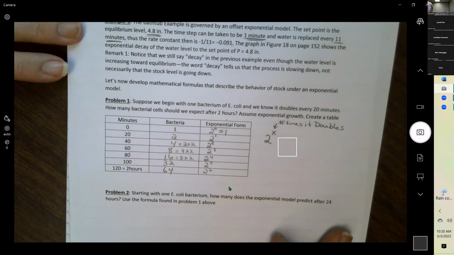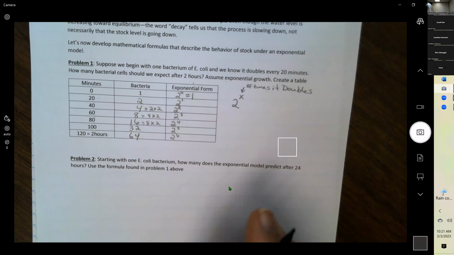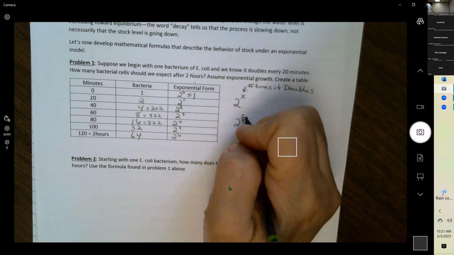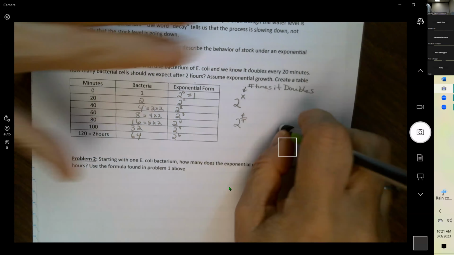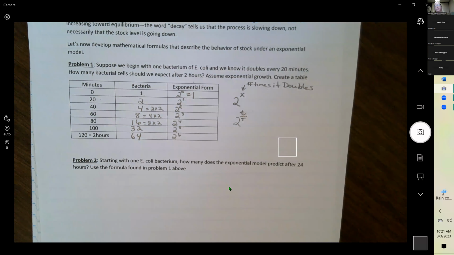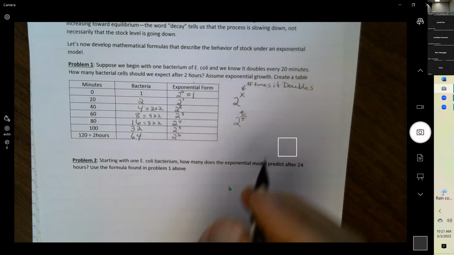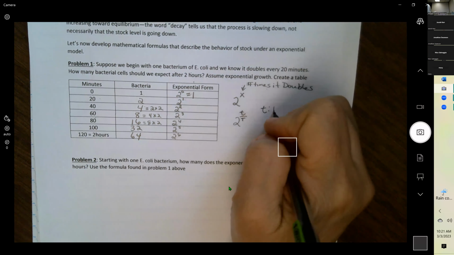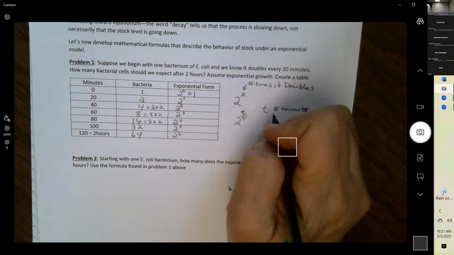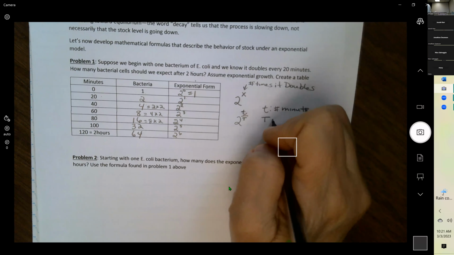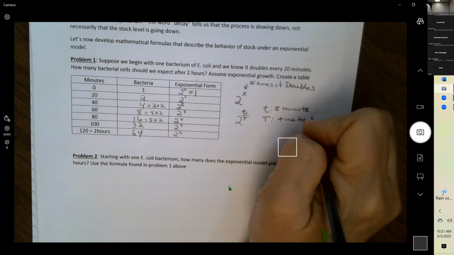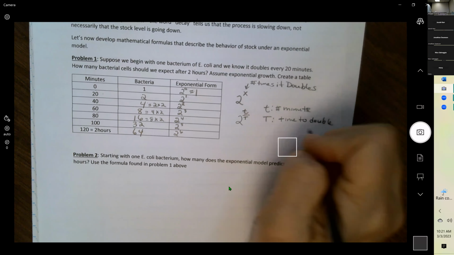would be this. Now, if we wanted to do it the other way, we need a lowercase t and an uppercase T. In this case, t is the number of minutes, and the capital T is time to, in this case, double, which is 20 minutes.